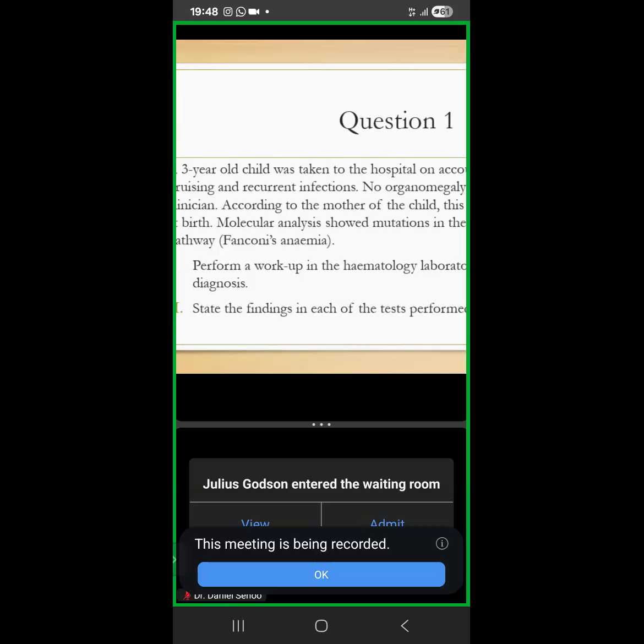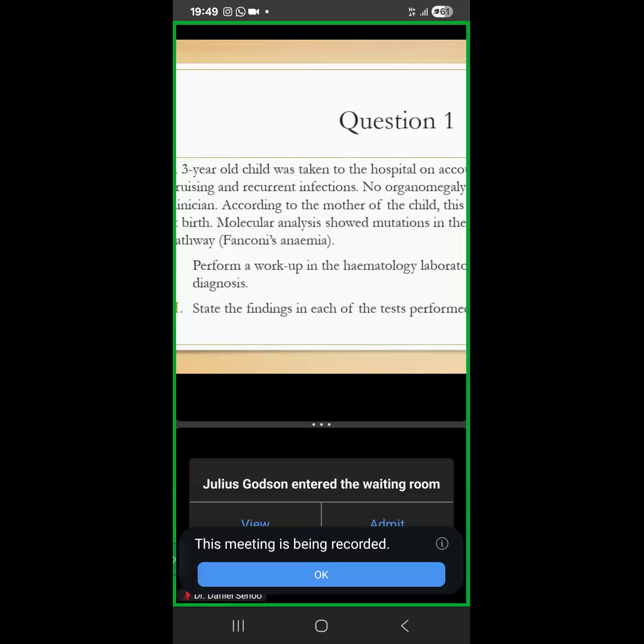We have a 3-year-old child that was taken to the hospital on account of anemia. As much as possible, we try to use the problem because that is how we are going to encounter anemia.